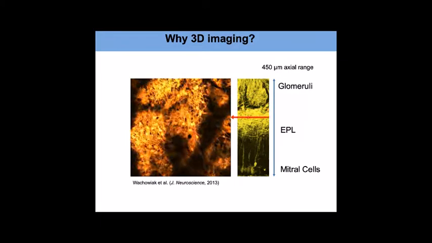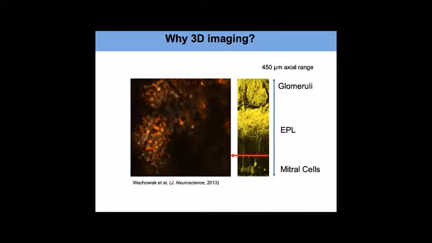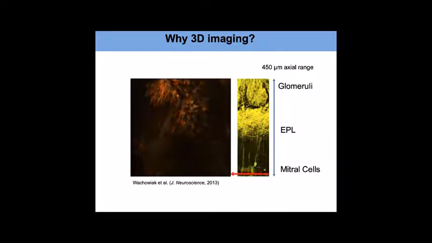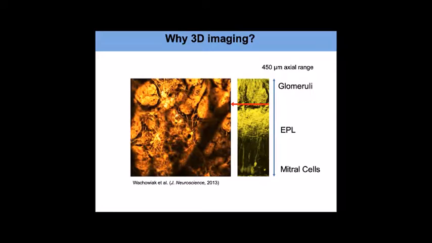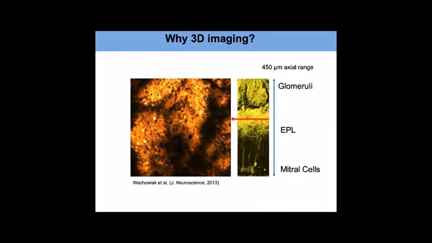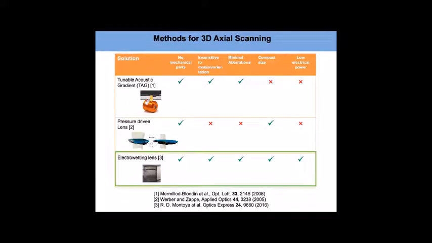When we were first starting to develop our miniature microscope, we wanted to find a way to image in 3D, so have a way of changing our focus into the tissue. There are different types of axial scanning techniques that are being more and more employed in microscopy.